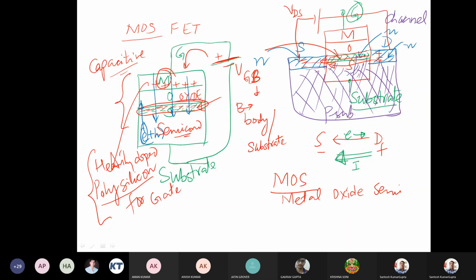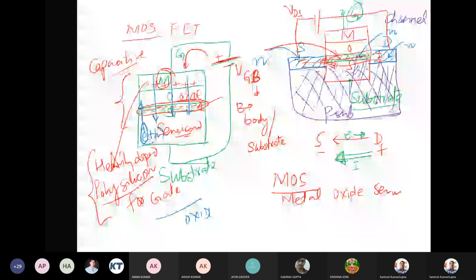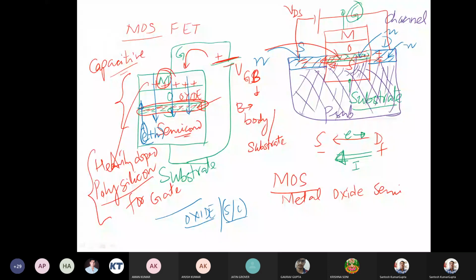These electrons don't reach the gate because the gate is insulated by oxide. In between we have the oxide insulator. So these electrons don't really reach the gate, but they get stuck at the boundary, the oxide and semiconductor boundary. At this boundary, these electrons get trapped.